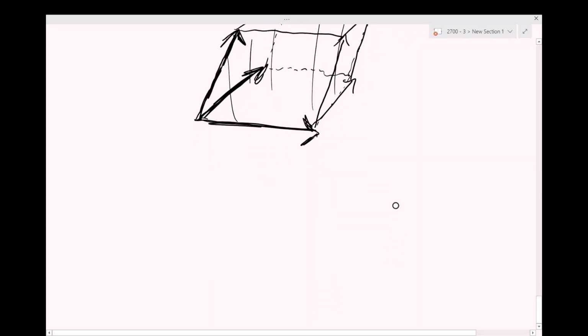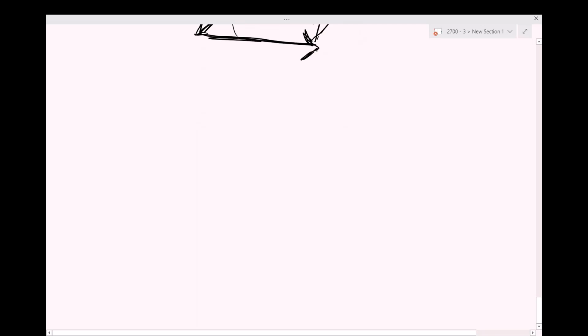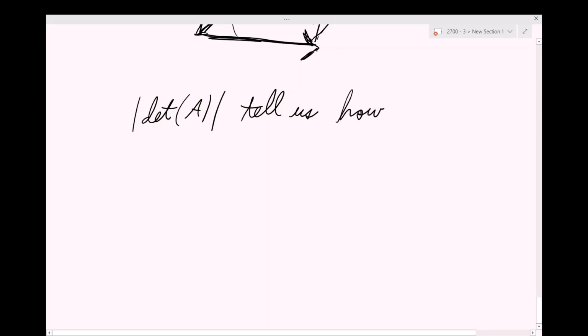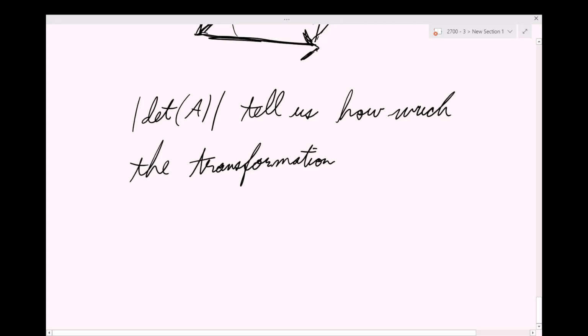Now, this also connects to everything we did with 2x2s. So absolute value of the determinant can also tell us how much the transformation, let's call it T of x equaling left multiplication by that matrix, skews area, or not area, sorry, volume.